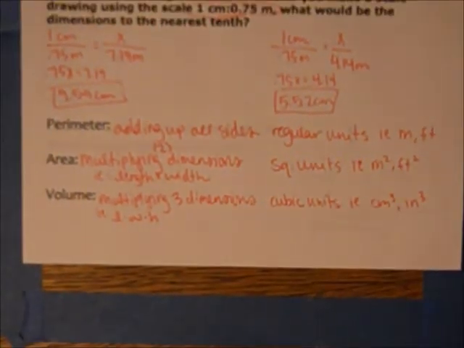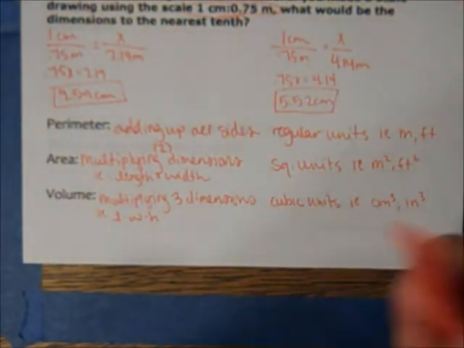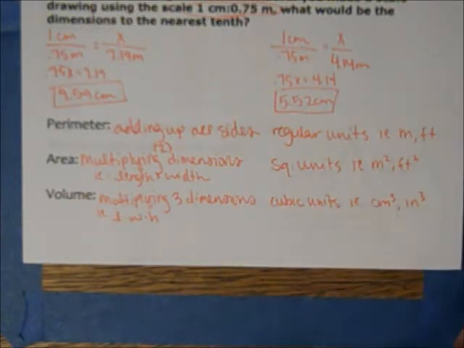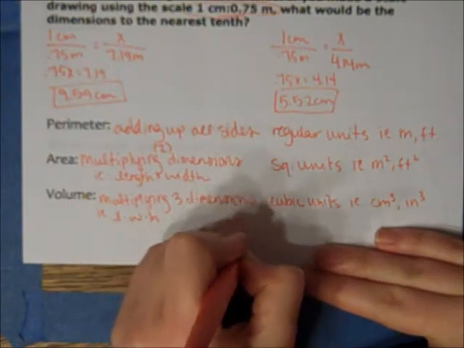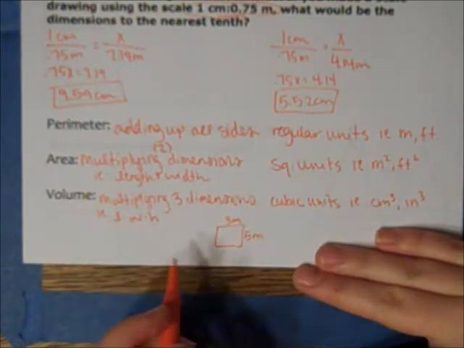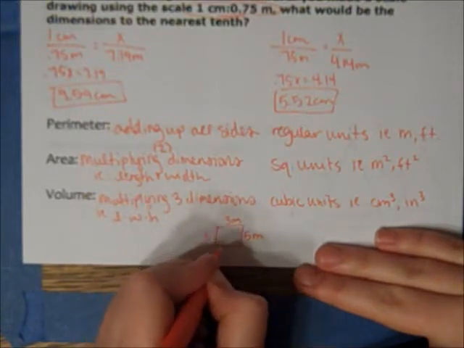Okay? Then area, you are multiplying two of the dimensions. So length times width, or base times height, whatever the figure may be. When I do that, I end up with square units. So meters squared, feet squared. Because if you have a rectangle that's 3 by 5, then for perimeter you just add all of these up.